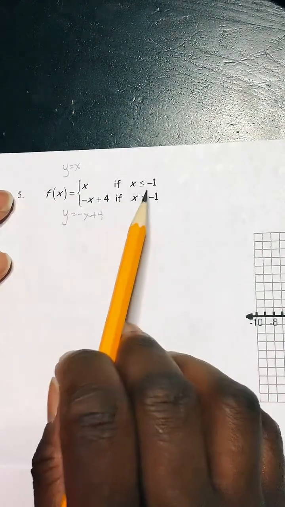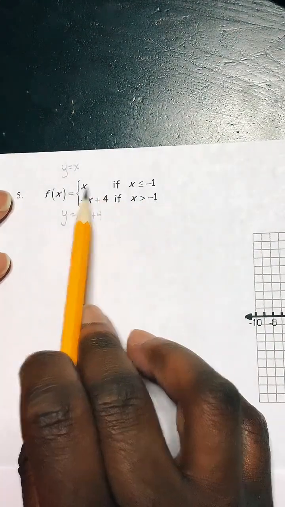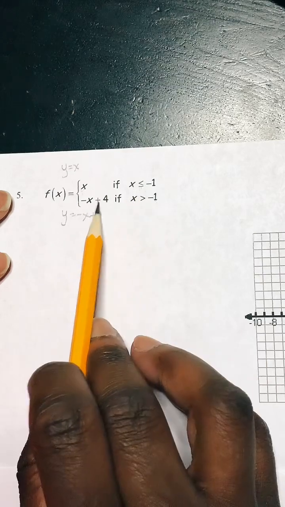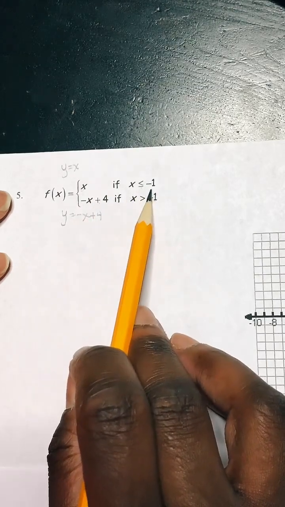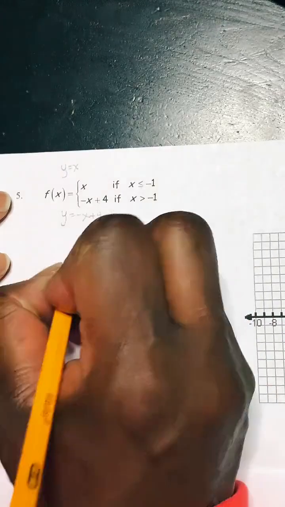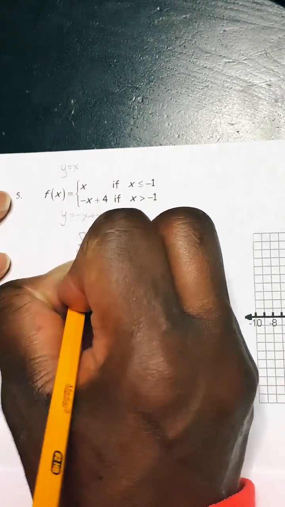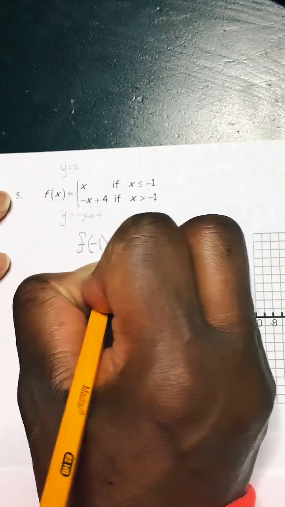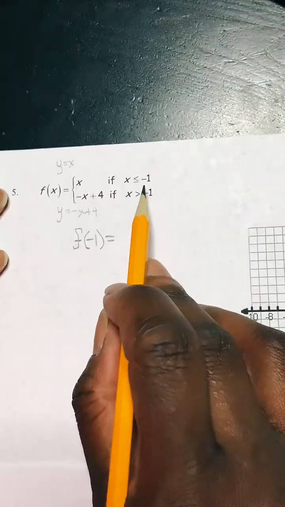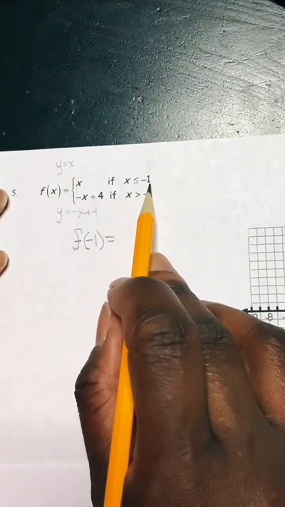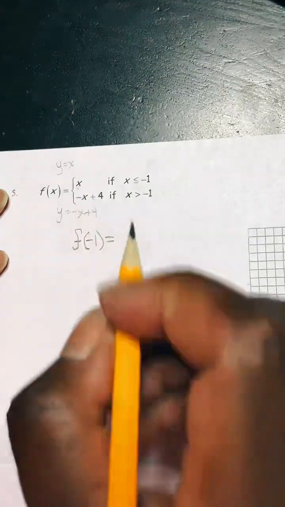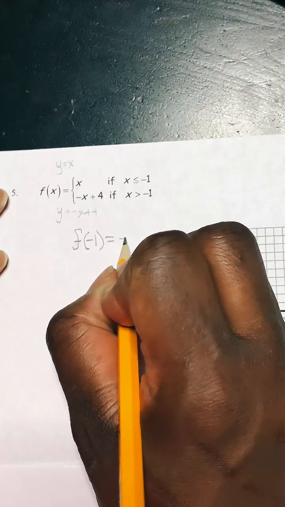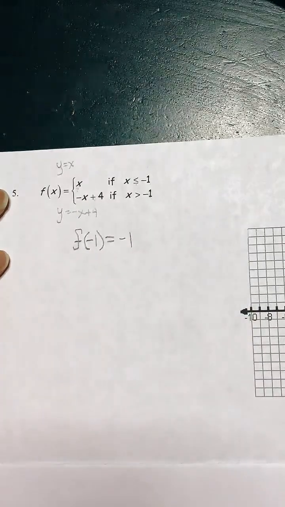But I want to figure out what my points are for each of these equations. For the first one, I have f of -1, and I'm going to plug in the -1 for the x, which simply gives me -1.